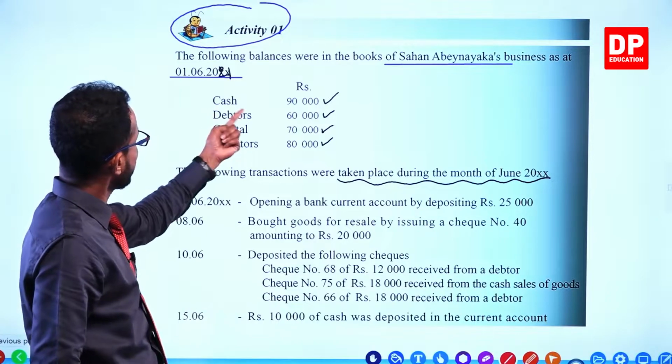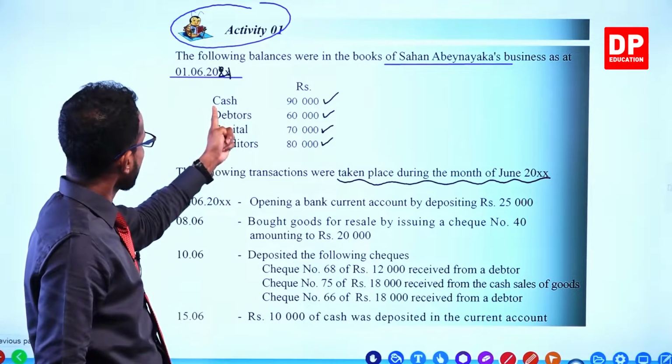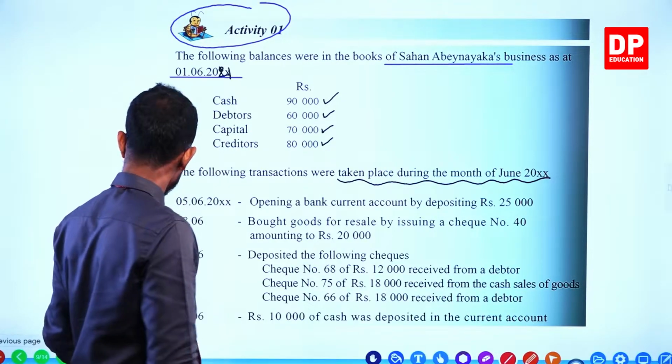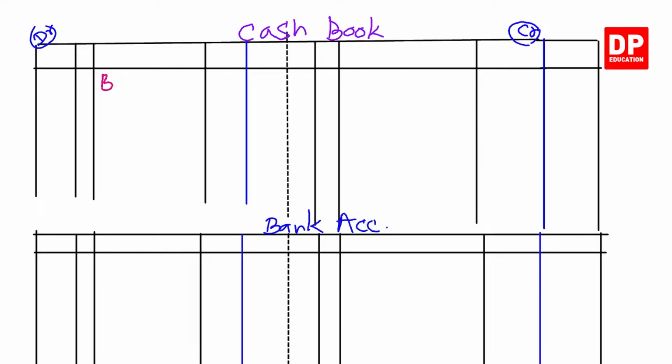Here we go. Cash, we have 90,000. We'll put that, the balance brought forward, 90,000 in the amount column, debit side. All right. Don't forget the date. This is the first of the month.